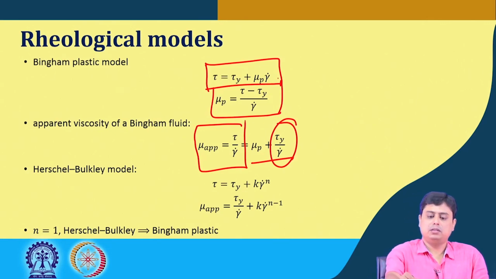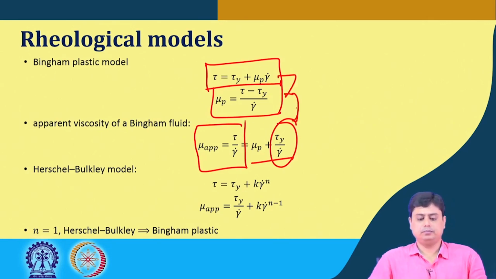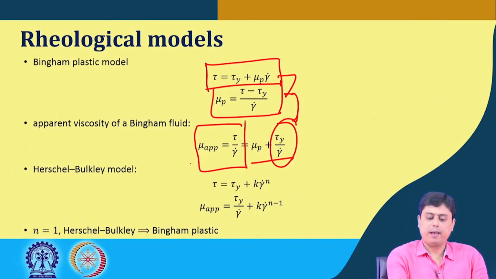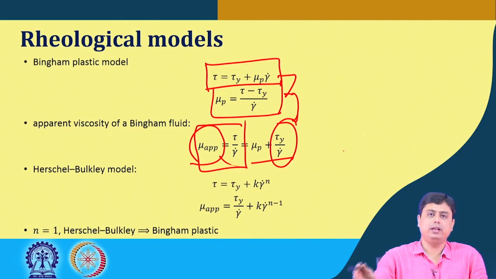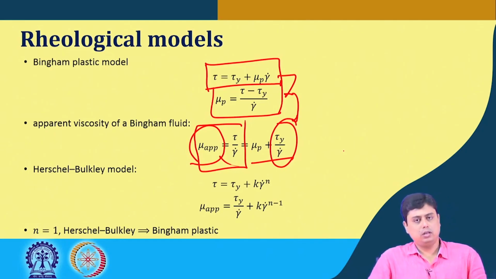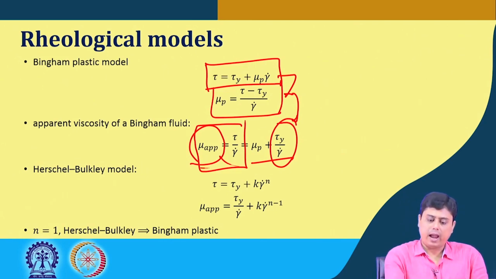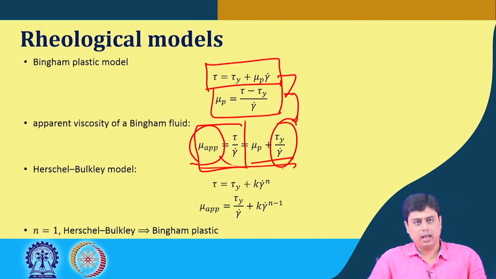This comes from these two expressions. We need this apparent viscosity in future calculations, to calculate the Reynolds number, which is required for the friction factor calculation, which helps us in calculating the pressure drop. So that is why at first we have defined the apparent viscosity in case of Bingham plastic.